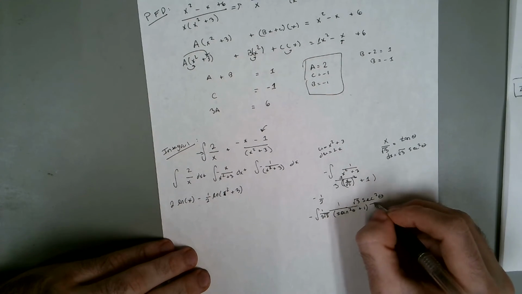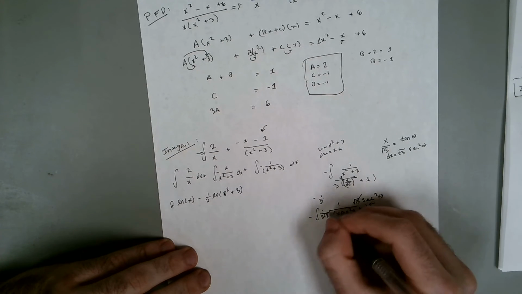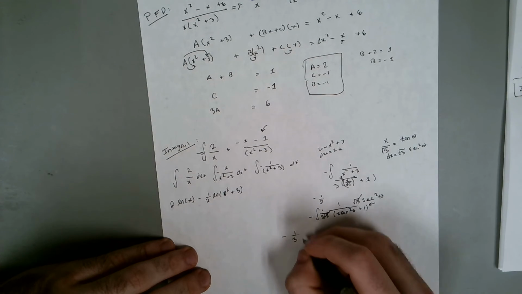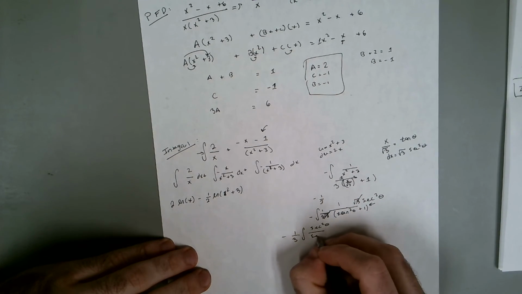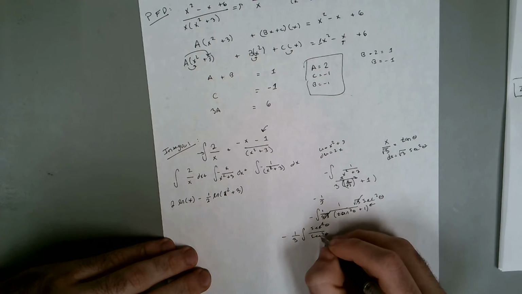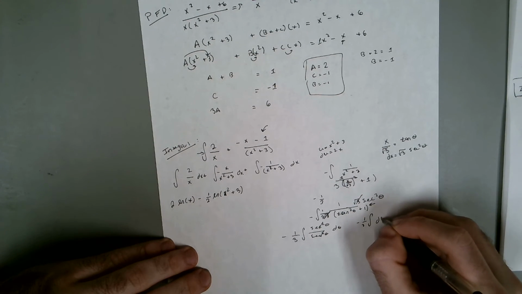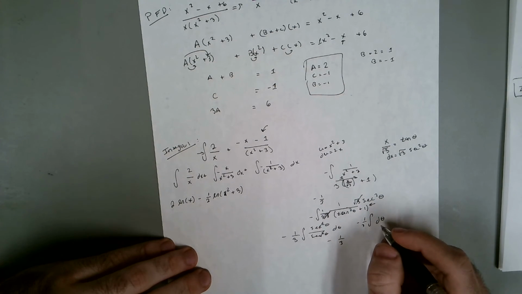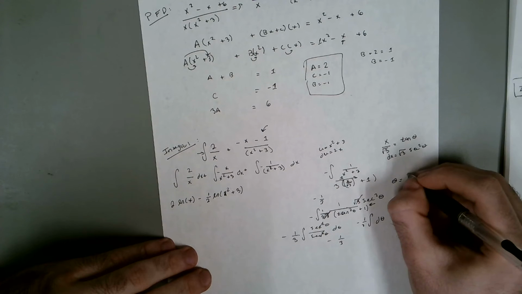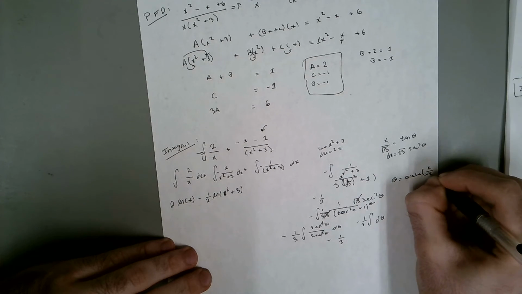And this is going to evaluate to secant squared theta, right? These are going to cancel. So you get negative 1 over 3 times the integral of secant squared theta over secant squared theta. Right, that's going to cancel. Then we have negative 1 over 3 d theta. So we're going to get negative 1 over 3, and then our theta is equal to arctan of x over the square root of 3.